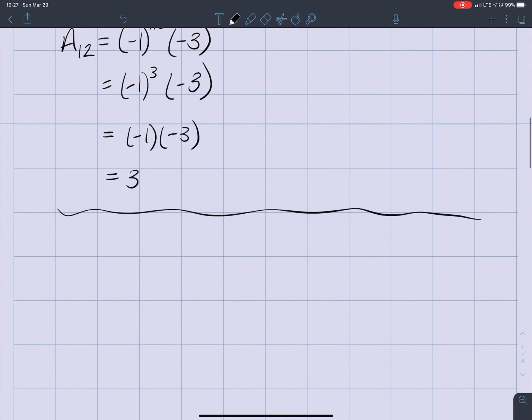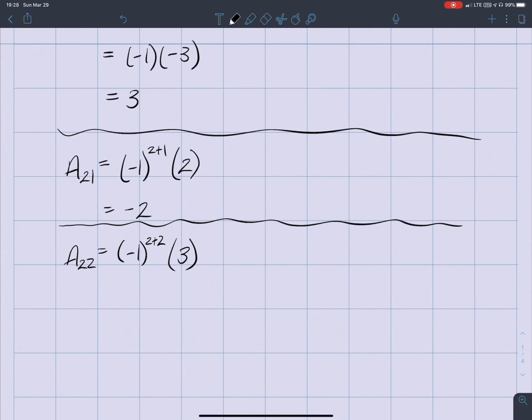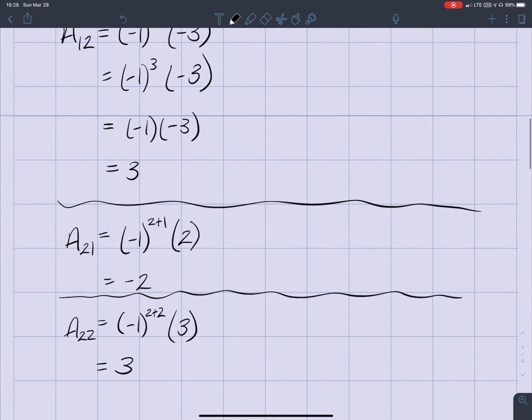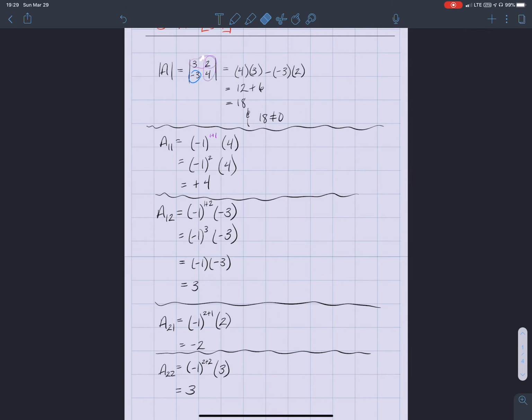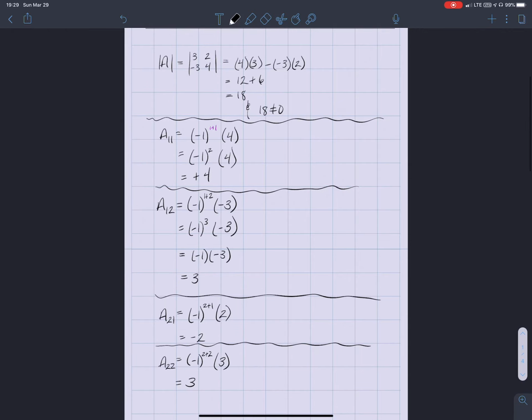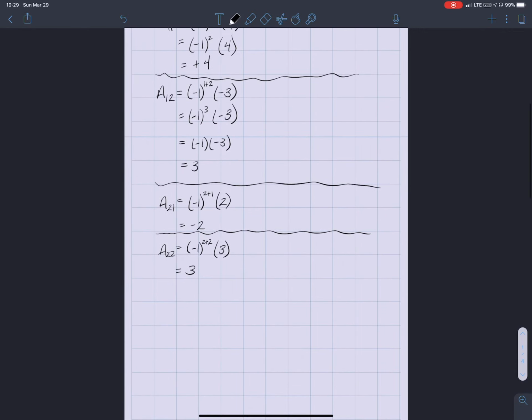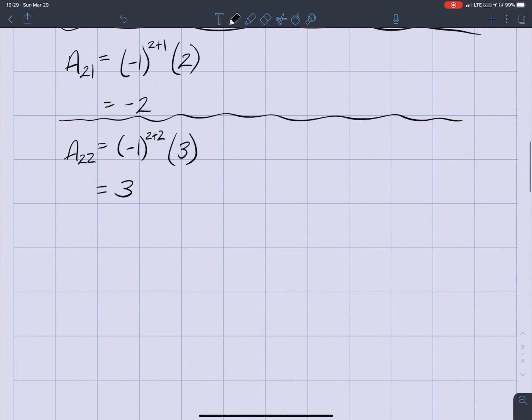And to finish this up, we're going to do this. So now I've just found the other two based on the size of the matrix. It's a 2 by 2. So that means we have to find 4 cofactors. And so what we can say now is that the adjoint, here's the big moment, right?